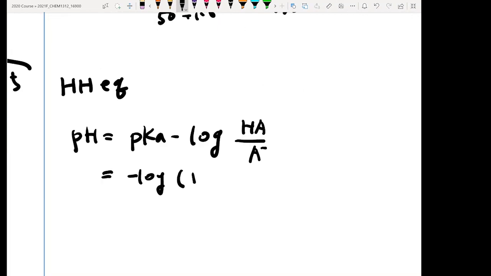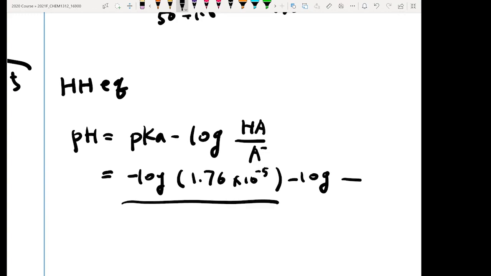Ka is 1.76 times 10 to the negative 5. Acid concentration is 0.33, base concentration is 0.33 as well. Therefore, the pH will equal 4.75.